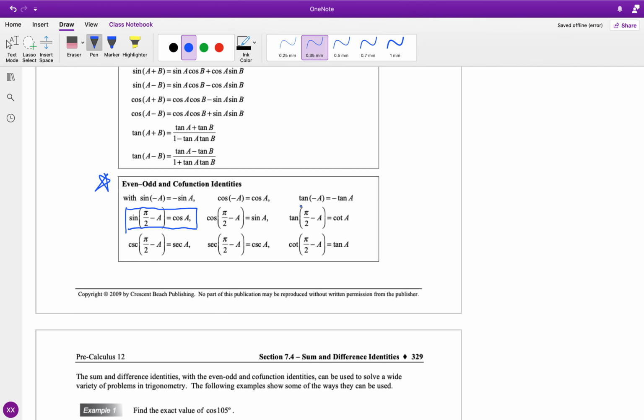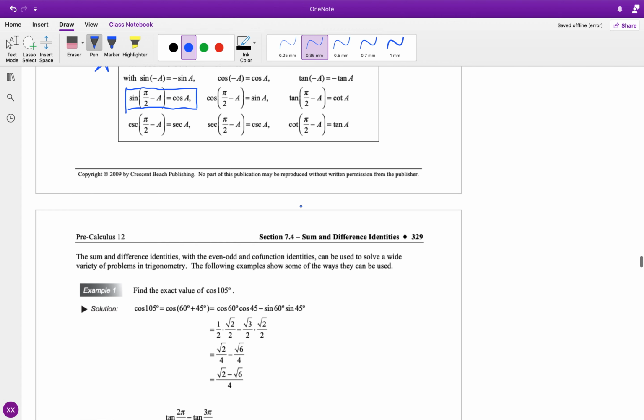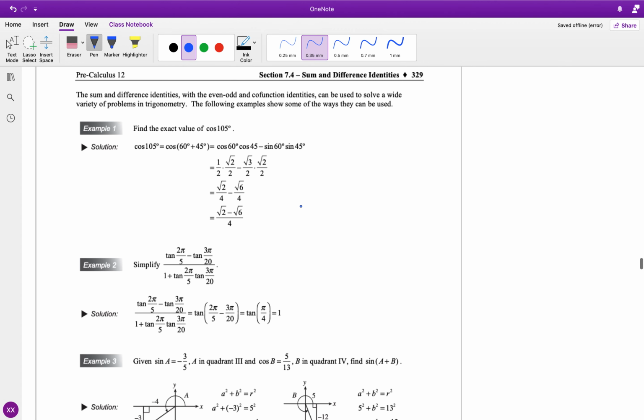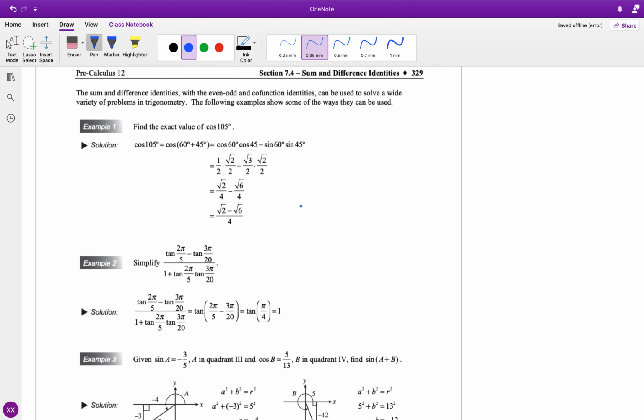So I'm just going to quickly go through these examples to mention the important things such as strategy. For example, if you wanted to evaluate 105, you can break this 105 into 60 plus 45 and use the formula, and here you go.